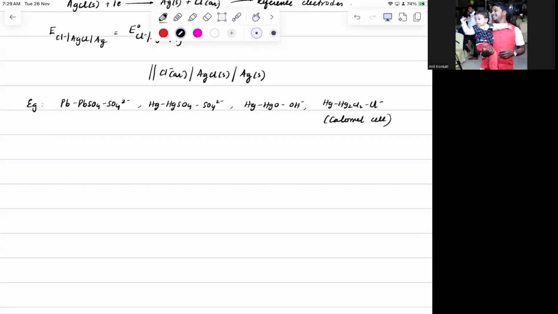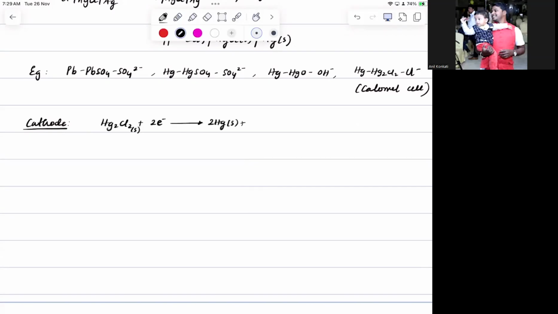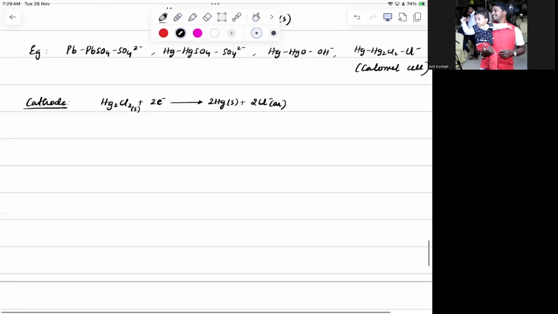Calomel cell. So how do we write the calomel cell? If you are writing it as a cathode, we need to show the reduction, which means I would expect that Hg2Cl2 solid must be accepting 2 electrons to convert into 2 Hg solid plus 2 Cl minus aqueous. This must be the case. So how do we represent E now?